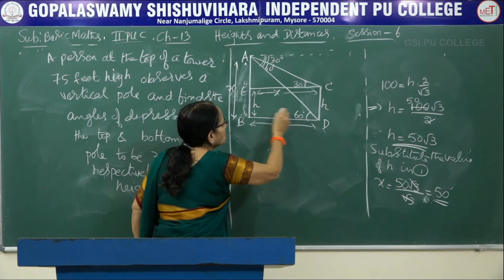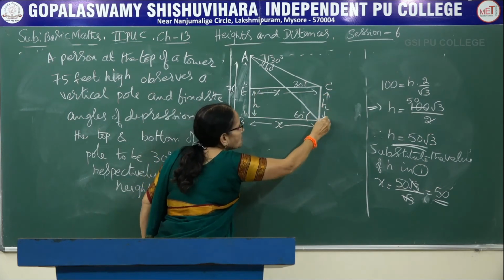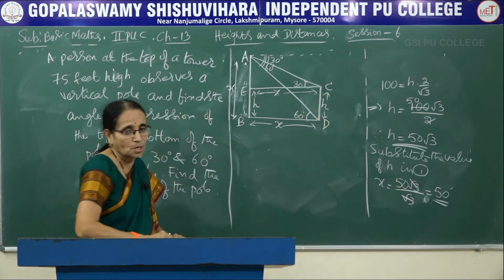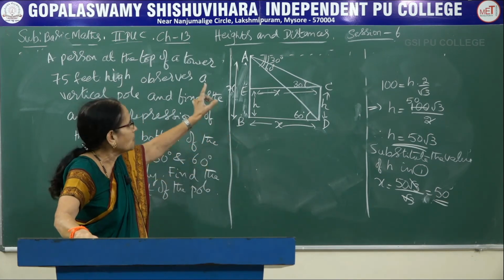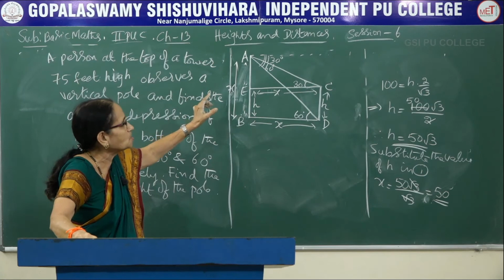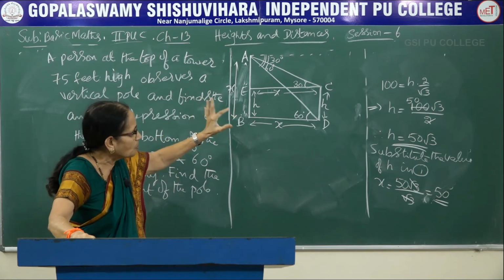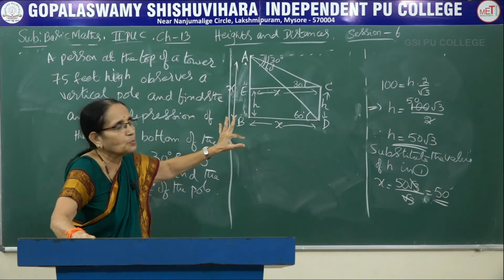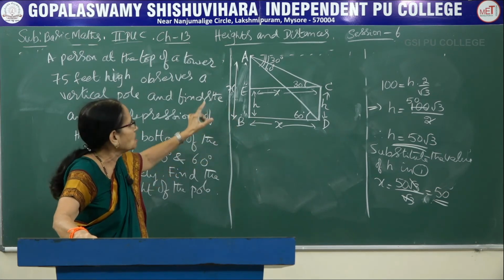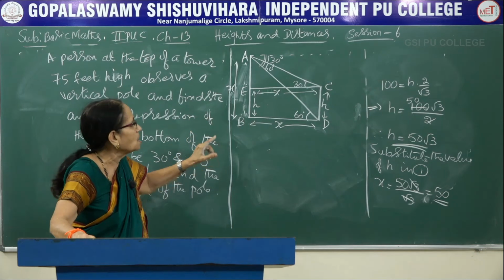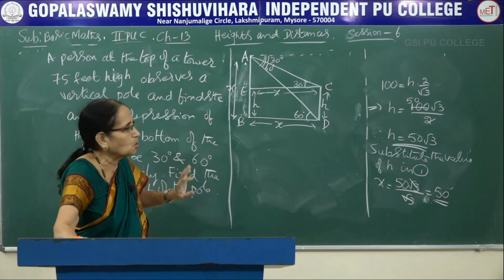So this is the figure which is according to the data I have written here. There is a tower, there is a pole. A person standing on the top of the tower is observing the top of the pole as well as the bottom of the pole. The angles of depression are 30 degrees and 60 degrees. The height of the tower has been given, height of the pole has to be calculated.